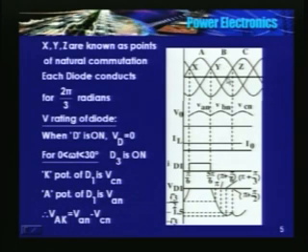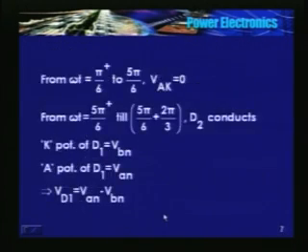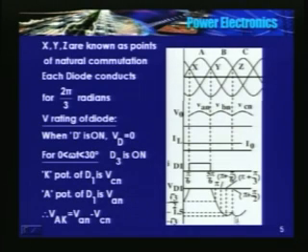What is that value comes out to be? Sine 240 is minus root 3 by 2, and sine 120 is root 3 by 2. If I add both of them, voltage across the diode comes to minus root 3 per unit. See, I have shown you here, this is root 3 per unit.